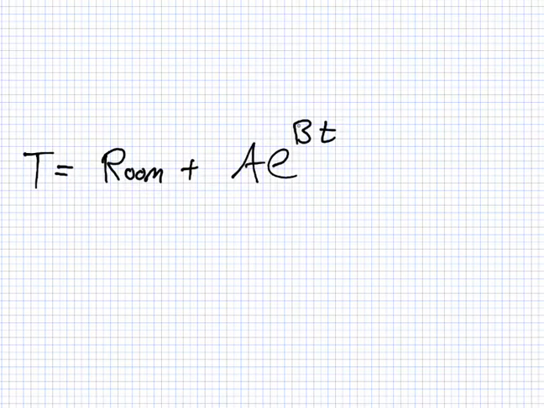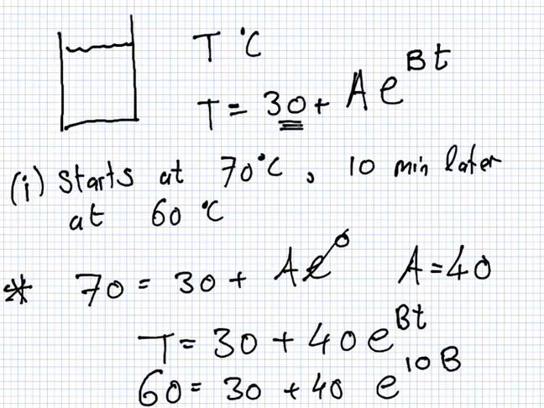The A. Well, the A depends on the temperature of the sample at the beginning. Because if you look here, when the t is 0, I get room temperature plus A equals the temperature at the beginning. So the A basically reflects how hot it is at the start.